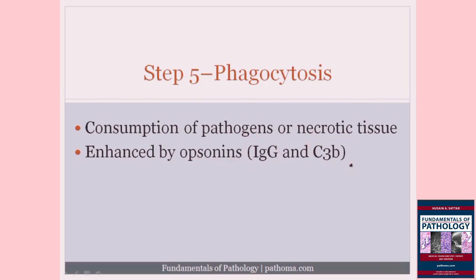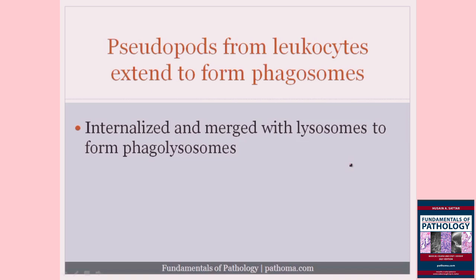So let's keep going. The way by which phagocytosis occurs is that pseudopods from the leukocytes extend to form phagosomes. And so here's the idea. If this was the neutrophil, what will the neutrophil do?